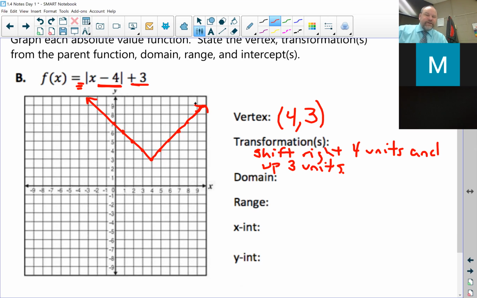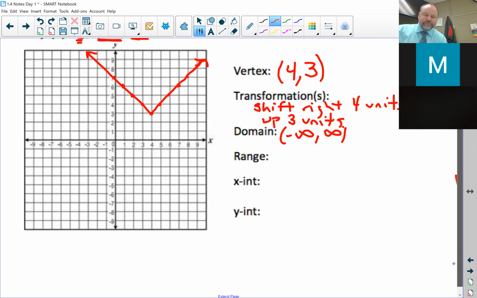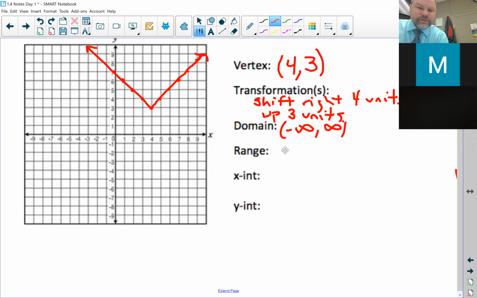I'm going to give you a little hint on domain for absolute value. The domain is always going to be negative infinity to positive infinity. The range, it's my y values now.